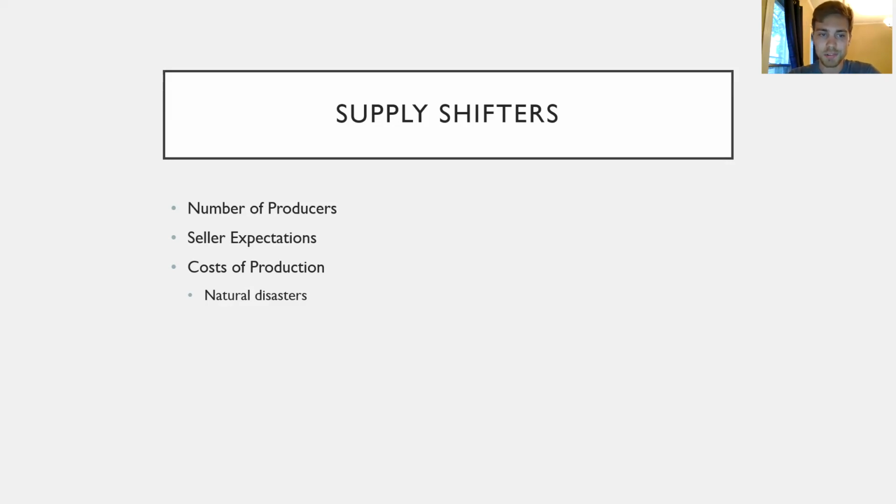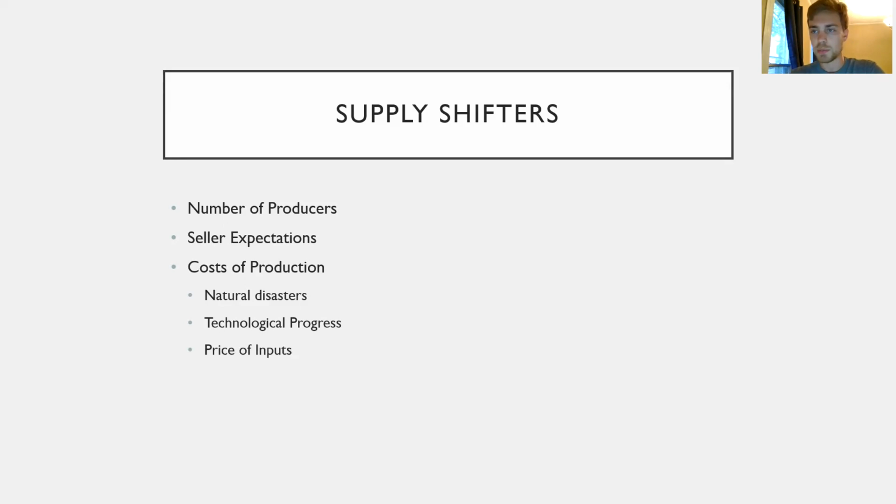So that all falls under the cost of production. Technological progress is on the opposite end of this because it will decrease the cost of production. Newer technology makes it cheaper to produce products. So if we come up with better farm equipment for farming apples, then it will be cheaper to produce apples, and so that will be a rightward shift of the supply curve.